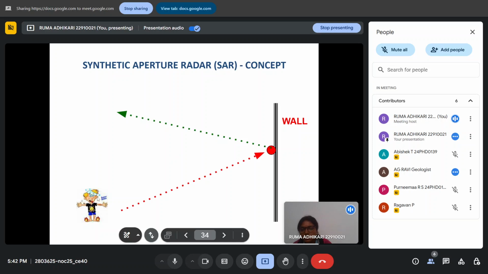So basically this boy will go here and capture this reflected scattering. What to understand from here is that it is our flight, we are transmitting the signal here, it reflects the signal here, and we will move from this position to this position and capture the reflected or received signal from this position.